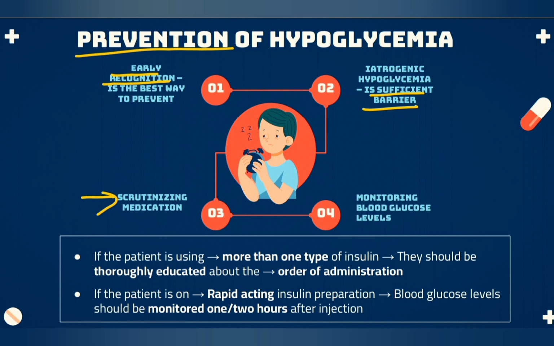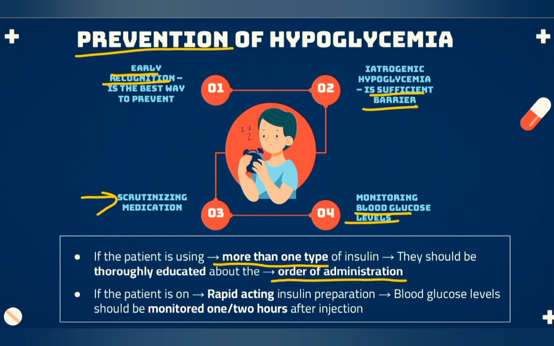And apart from that we need to frequently or regularly monitor the blood glucose level in persons who are at higher risk of hypoglycemia. If any person is using more than one type of insulin, in such condition the person should be educated about the order of administration of such insulin, when and what dose and what time the insulin is to be taken.